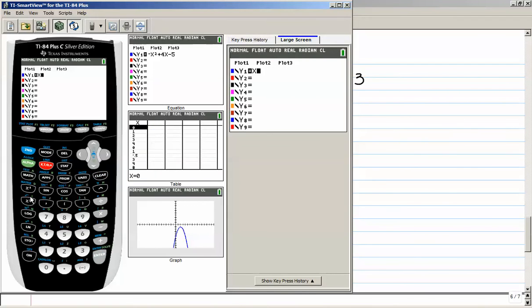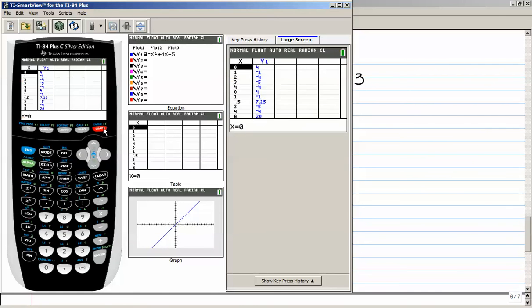So we have x squared minus 6x plus 4. And let's take a look at our table. And I wanted to start with 1, 2, 3, and 4. And that gives me values, oh, and 5. Yeah, I'm going to do 5 also.